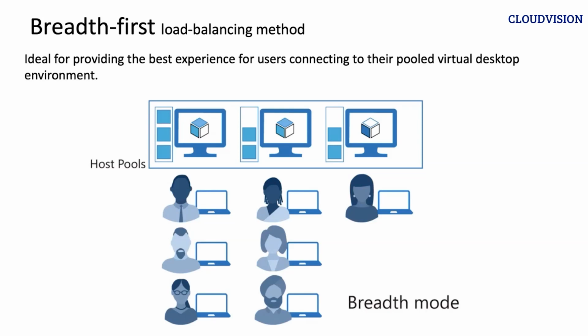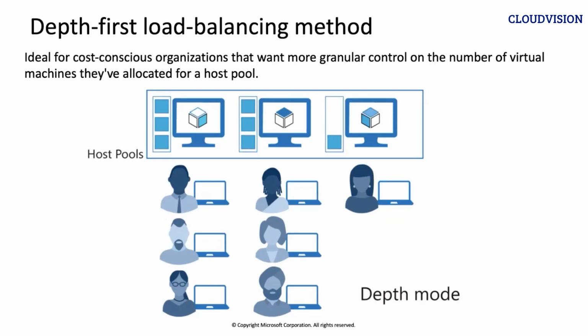And the depth first is going to help you saturate one session host and then it can go down to the next session host as well, right? So these load balancing methods are available. Depending on whether you're going with the breadth first or the depth first. So what is the benefit of using the depth first?